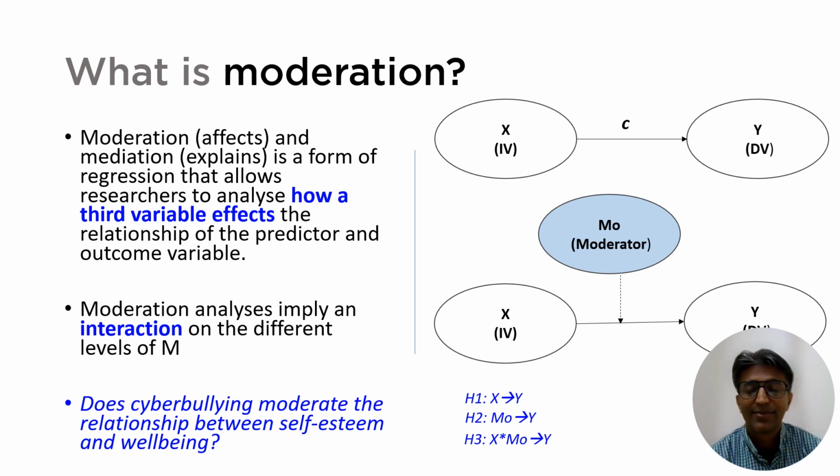So the second hypothesis would naturally be the effect of the moderating variable on the dependent variable. And the third would be the interaction of your independent variable and your moderating variable. So the interaction of X and MO would affect Y. So two direct effects and one interaction effect would be tested when we say testing of moderation.